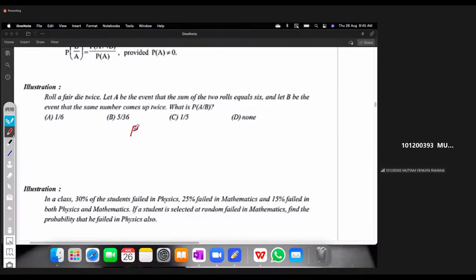Okay, B by A. So when A is given: 1 comma 5, 2 comma 4, 3 comma 3, 4 comma 2, and 5 comma 1. In this one, yes, because only this one. Yes, that is right, beta.